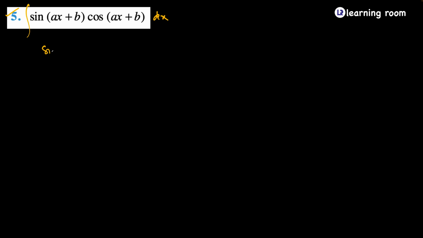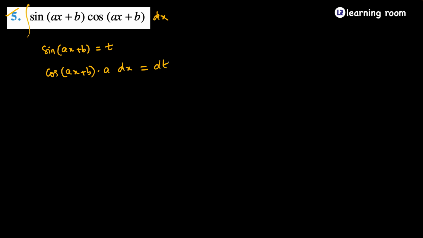So what will you get the answer as? Sine of ax plus b, if I take it as t, then what will you get? You will get cos of ax plus b into a into dx is equal to dt, because the derivative of ax plus b is a dx.